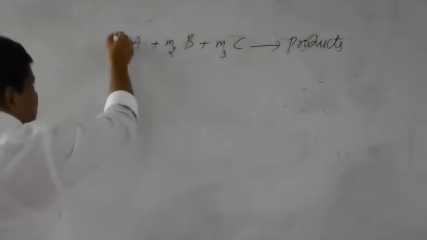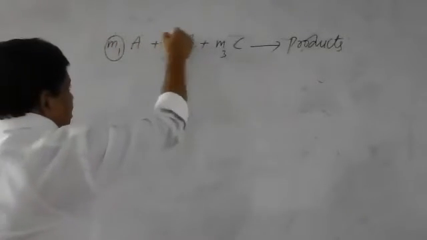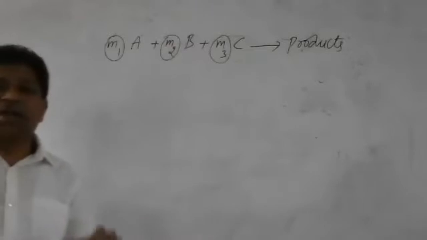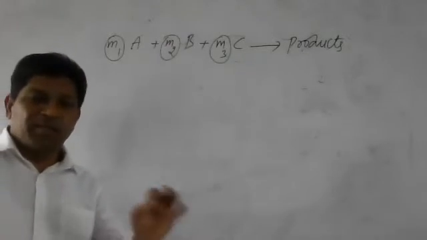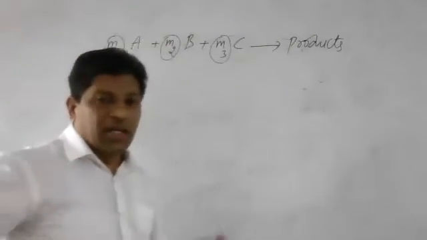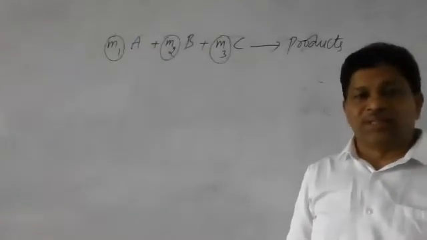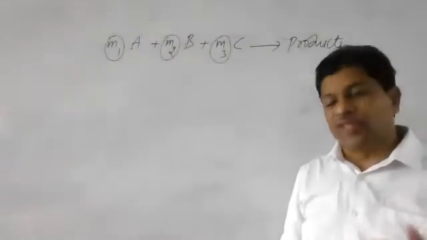In this example, what we have to understand is what the stoichiometric coefficients are here. M1, M2, M3 are the number of moles in the balanced chemical equation, the stoichiometric equation. They are called stoichiometric moles or stoichiometric coefficients.